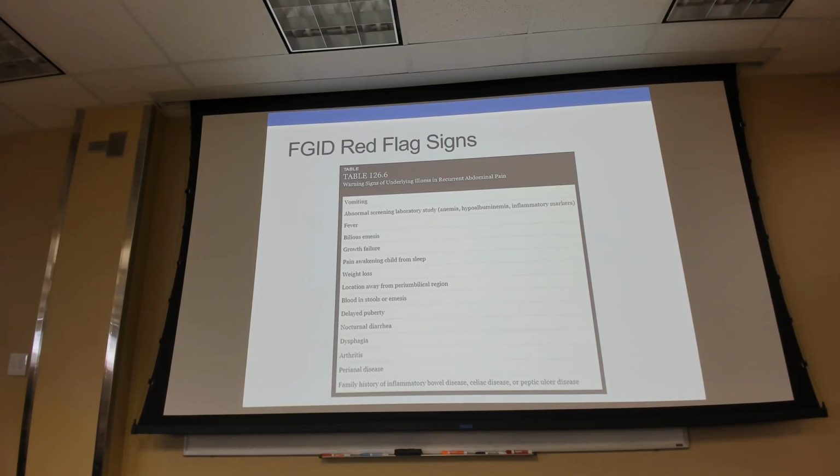So a fever, obviously, elevated bilirubin, blood in your stools, true dysphagia, where it's pain with that. Anything that has these red flag symptoms is really going to take you outside the realm of functional. So when you're thinking functional, it's this recurrent pattern of, I don't really have a great pattern, you can't find anything, but it's very real and very distressing to the child and the family. So that's what I want you to take away from that.